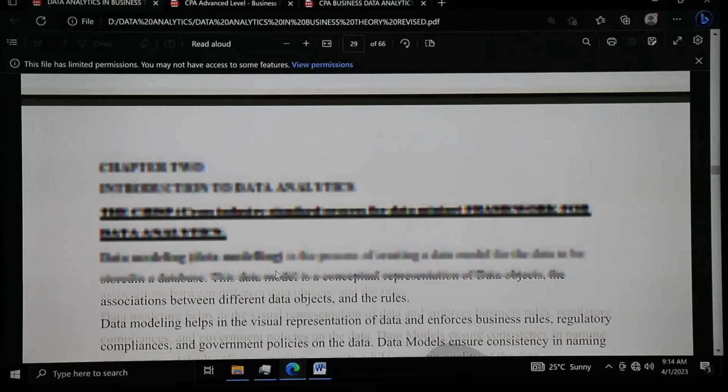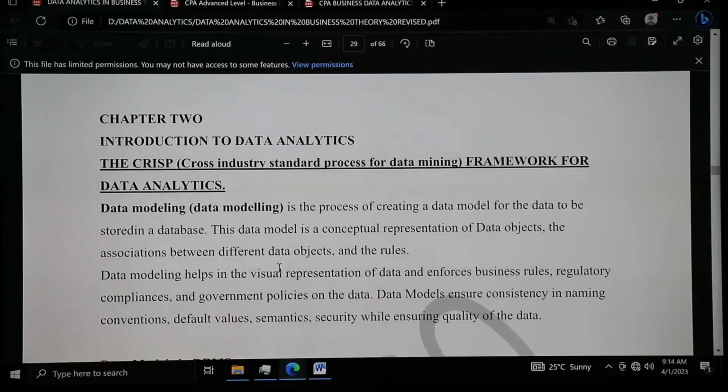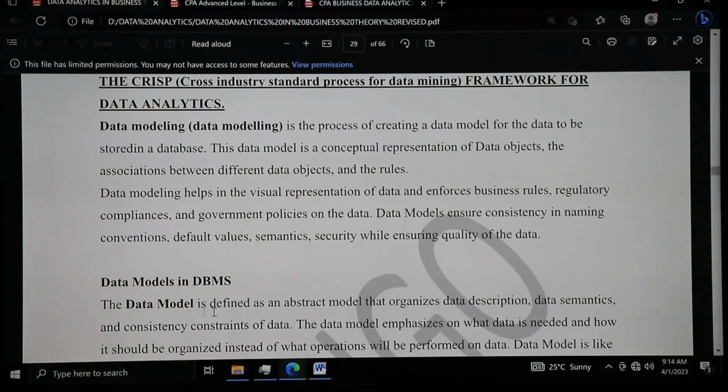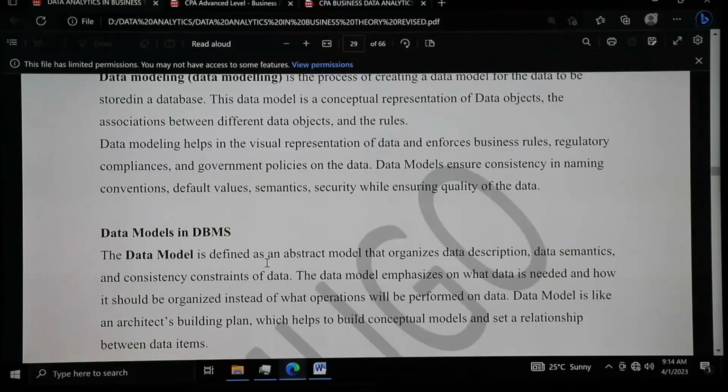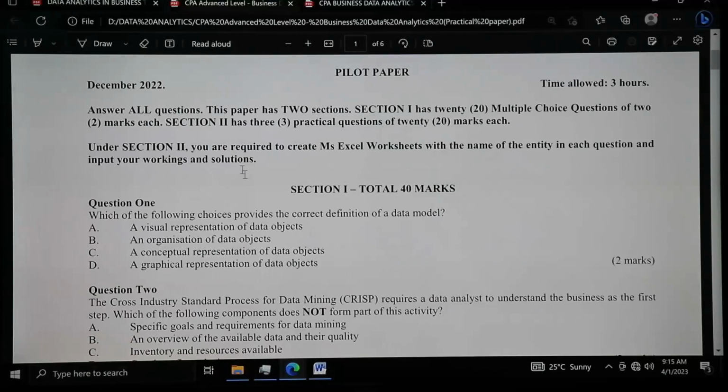Here, a data model is defined as an abstract model that organizes data descriptions, data semantics, and consistency and constraints of data. That is a way of organizing the data. The data model emphasizes what is needed and how it should be organized. So that organization of data is what we refer to as a data model.